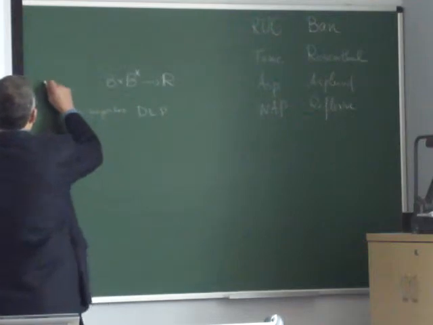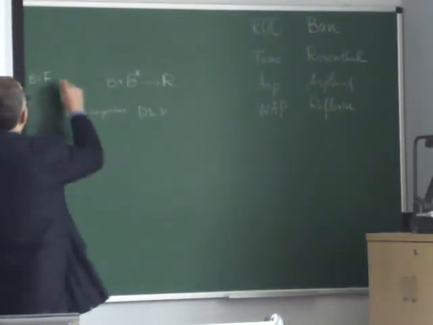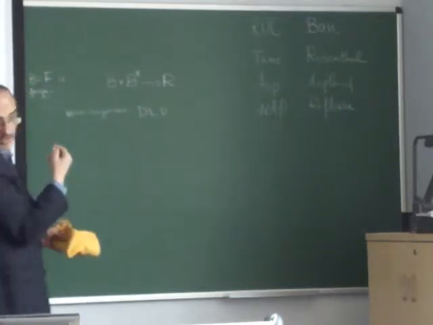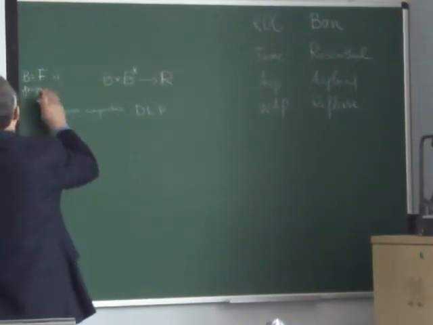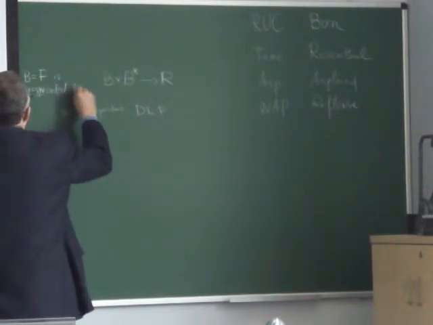So B as F is fragmented. If you think of our B as a family of functions on B star, it is fragmented for B star.